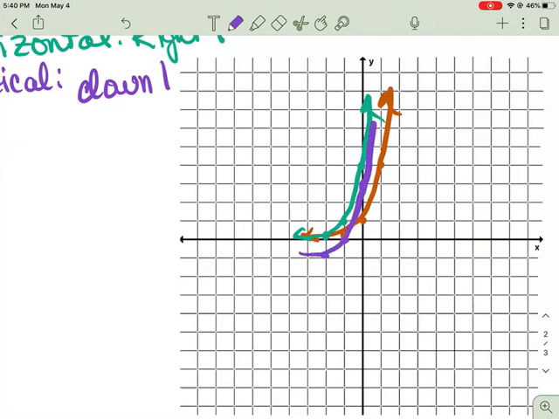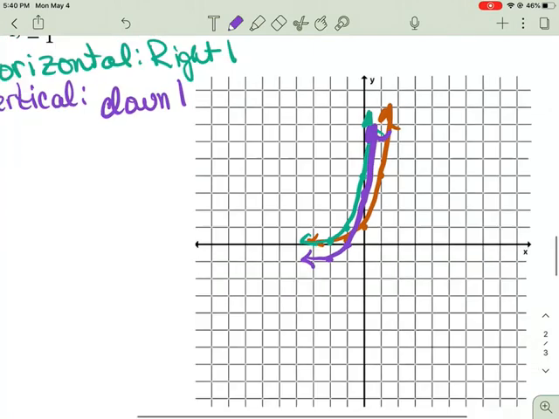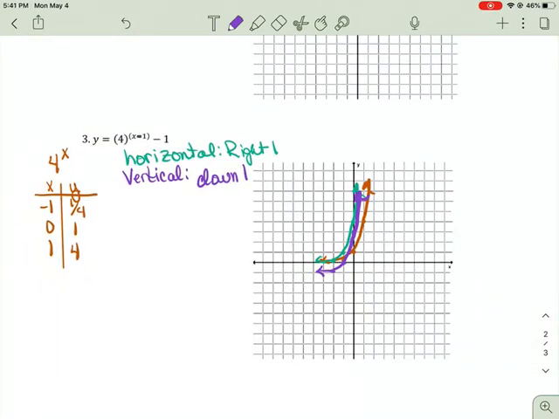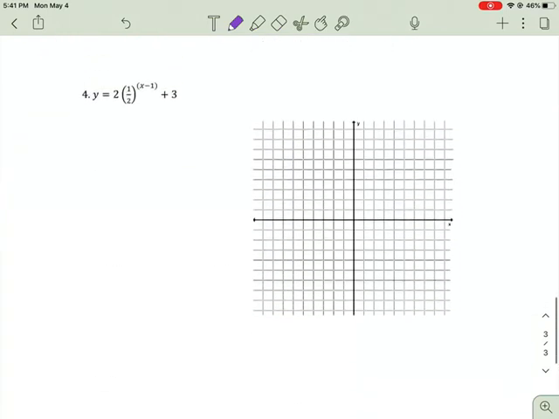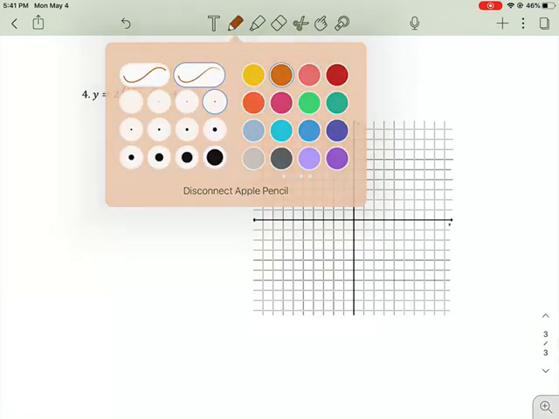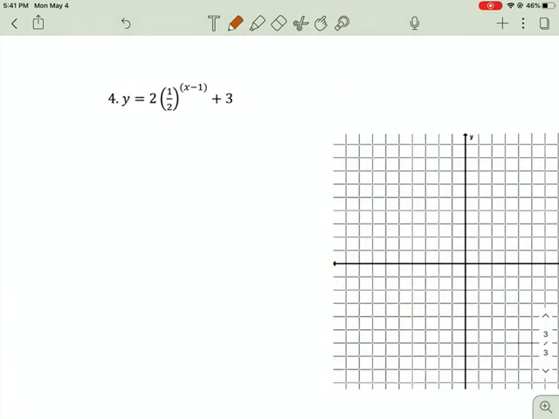So the purple graph would be our final answer. Now again, I graphed all the different changes. You don't have to. You can start with the original, then pick it up and move it if you choose to do so.